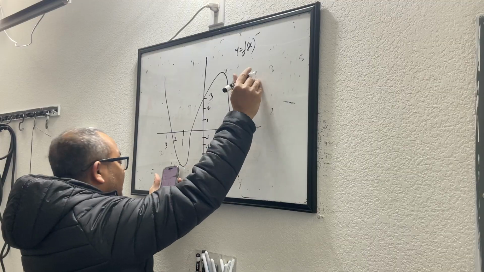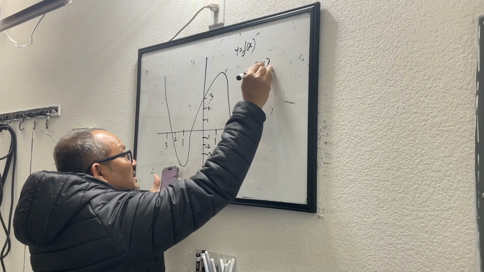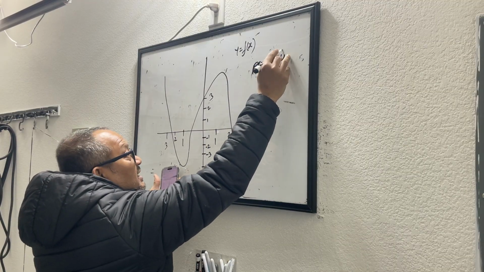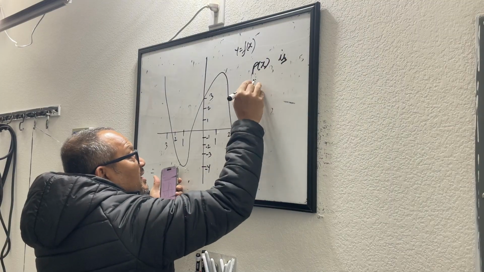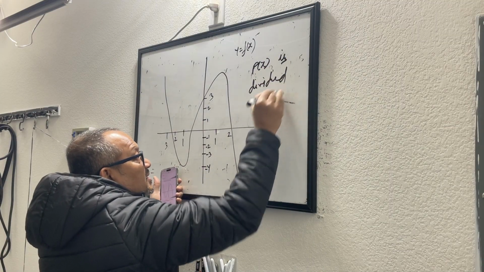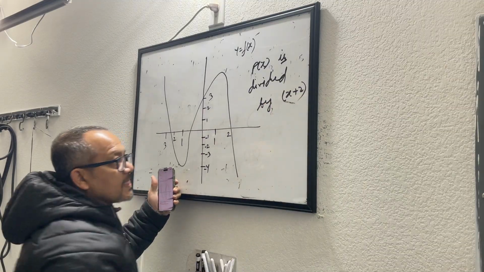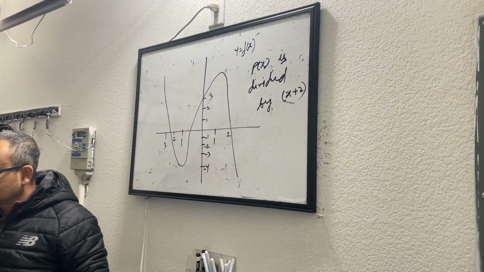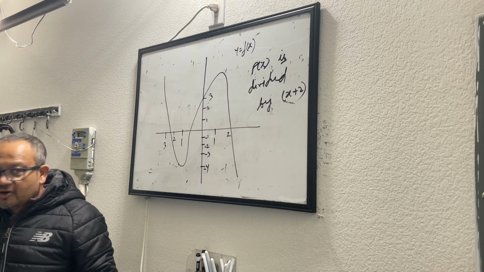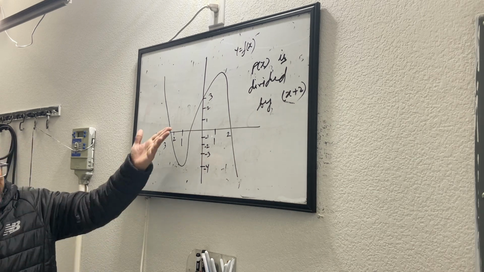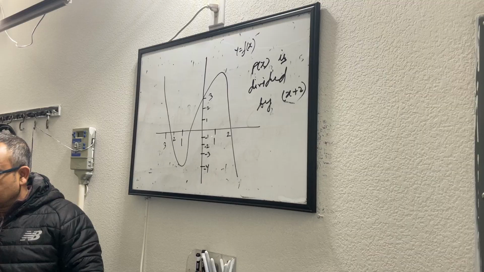What is the remainder when p of x is divided by x plus 2? There is no polynomial function given to us. We just have a graph in front of us.